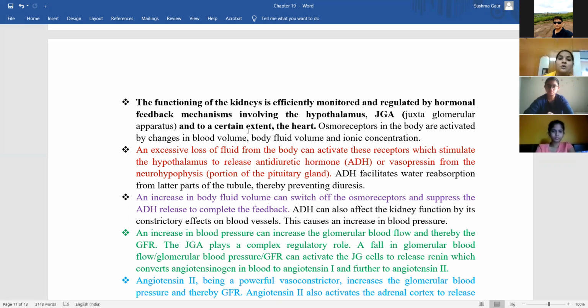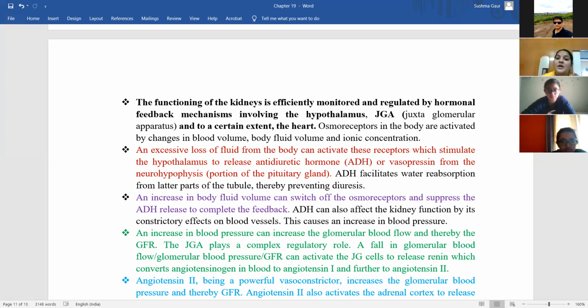Suppose there is an excessive loss of fluid from the body. Then the body can activate these osmoreceptors, which in turn stimulate the hypothalamus. The hypothalamus is a portion of our brain that releases antidiuretic hormone, a special type of hormone released in response to the excessive loss of body fluid.